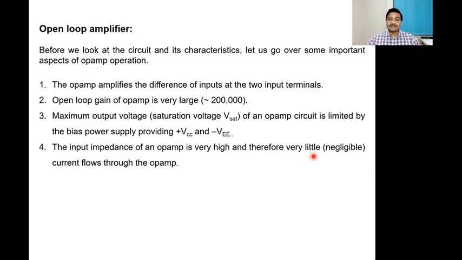We will see very soon, when we discuss the actual circuits, that our typical input signals would be of the order of millivolts to volts. What that means is that most of the current derived from the input signal source will not enter the operational amplifier. That's mainly because the input impedance is very high, and therefore very little, negligible current flows through the op-amp.